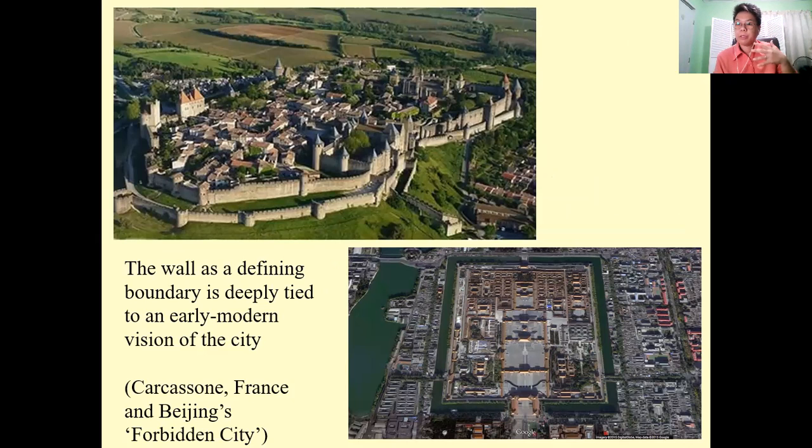So we're fascinated by the Beijing Wall, or the city that is enclosed by almost 1,000 steps. So those are the things that you see as it's a forbidden city before. They tried to preserve it because it's part of their history. So that's deeply tied to an early modern vision of a city.